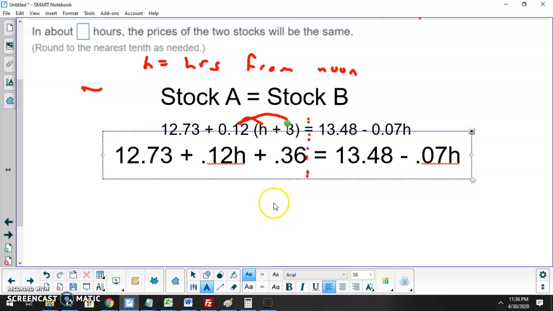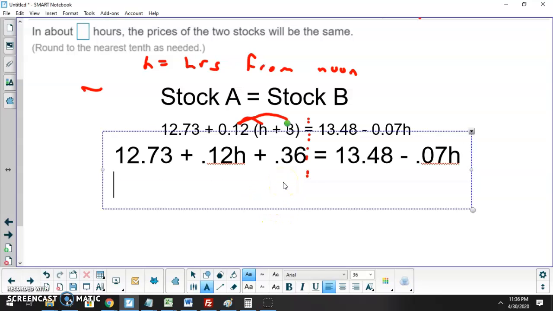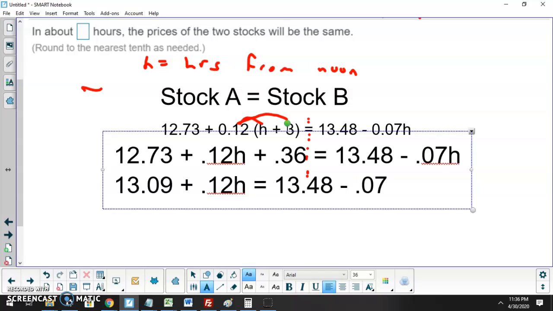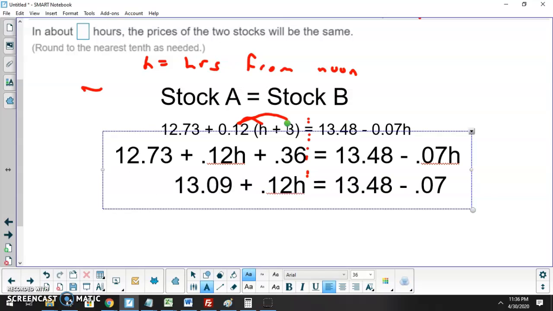All right, we got to simplify one more thing. You see there are like terms here. This 12.73 can be combined with this 0.36. So if we add 12.73 and 0.36 together, we get $13.09 plus the 0.12H is equal to 13.48 minus 0.07H.